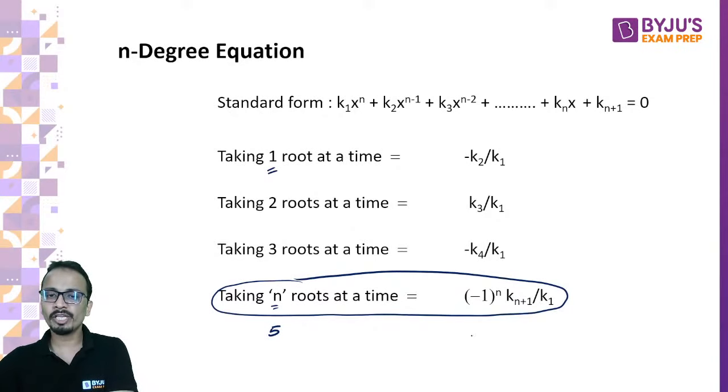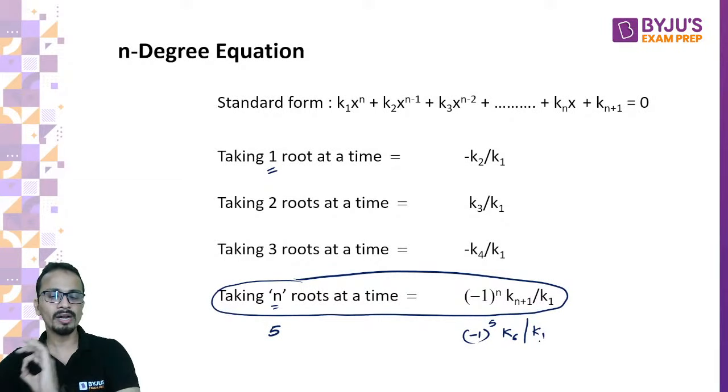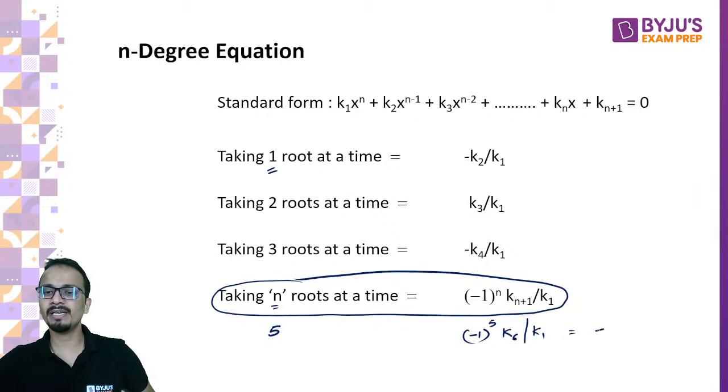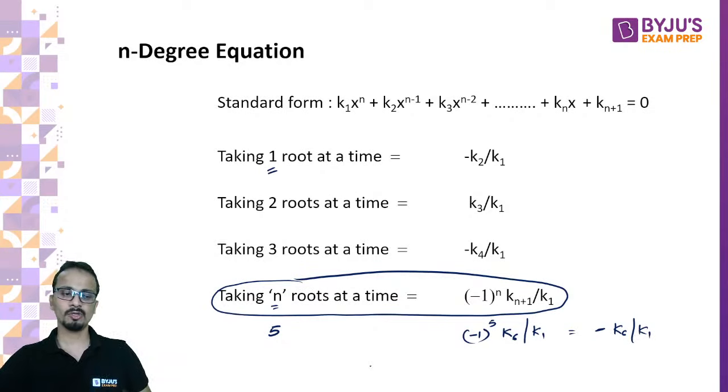So minus 1 raised to the power 5 multiplied by kn plus 1, that means k6 divided by k1. In the denominator, k1 will remain in all these cases. So this can be written as minus 1 raised to the power 5, which is a negative number, k6 divided by k1. Likewise you can make your own formula taking n roots at a time.